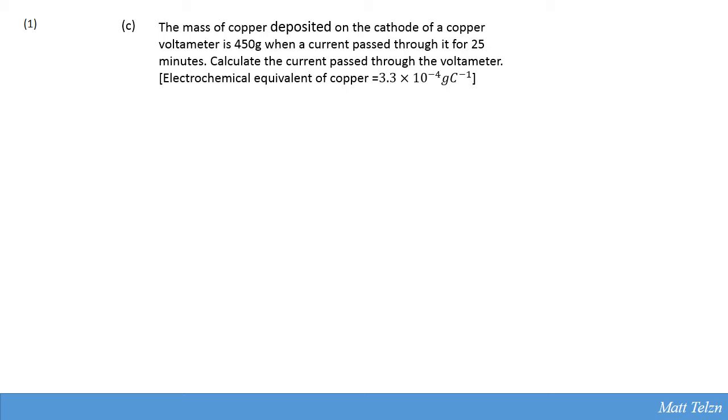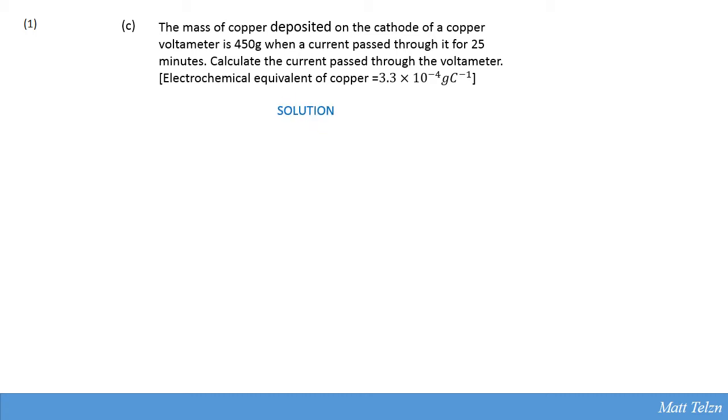They now ask us to calculate the current passed through the voltameter. We are given the electrochemical equivalent of copper as well, 3.3 times 10 raised to the minus 4 gram per coulomb. Okay, let's look at the solution.